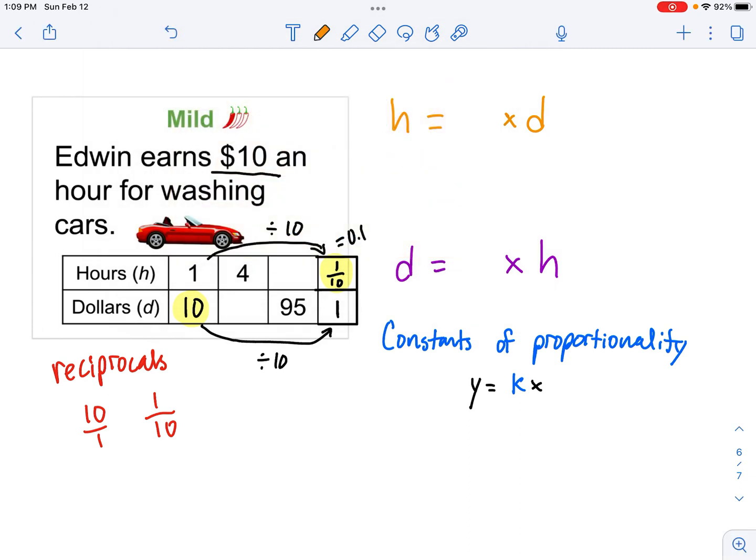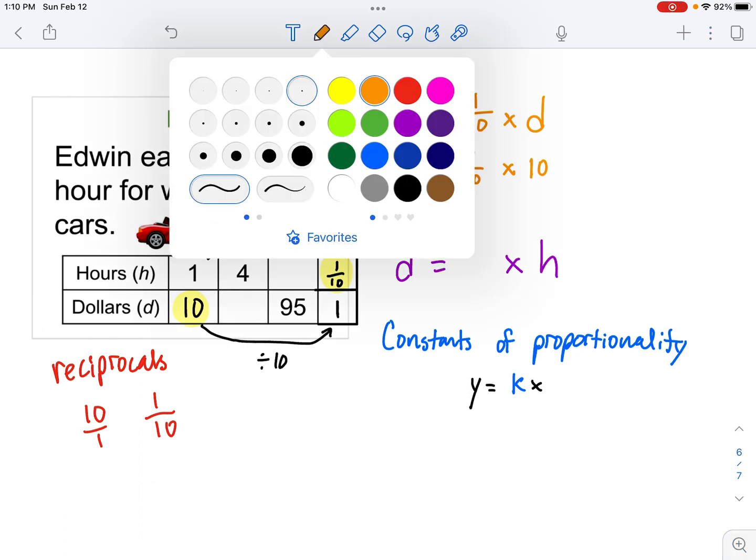Let's do the first table entry. 1 hour should equal something times $10. Well, I can tell right away that to get to 1 by multiplying by 10, I'm going to have to multiply by a number that's less than 1. So that must be 1/10. So my equation is h equals 1/10 times d.